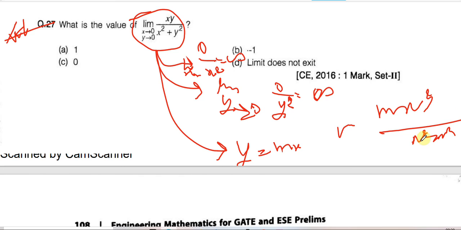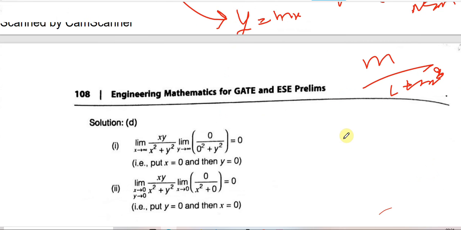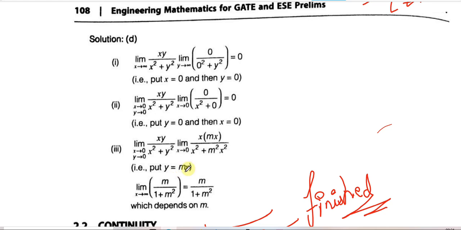So x square will be cancelled, the limit will be converted into m upon 1 plus m square. So now you can see here the solution, we have forgotten this. So limit will be x approaches to infinity, this limit we have to take infinity term. So it will be m upon 1 plus m square.